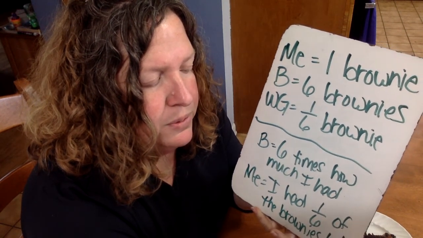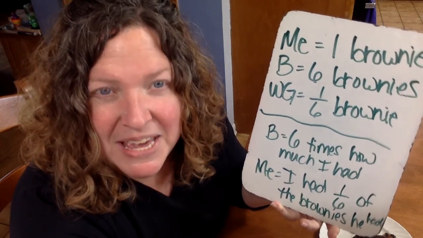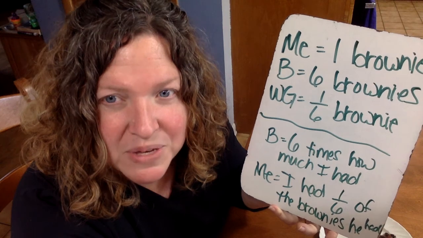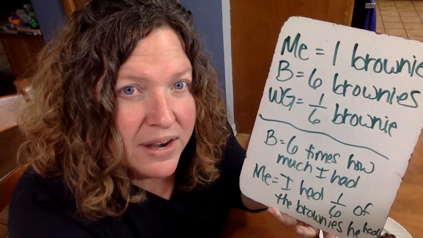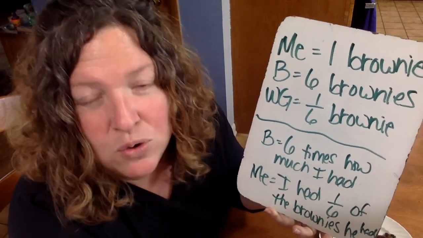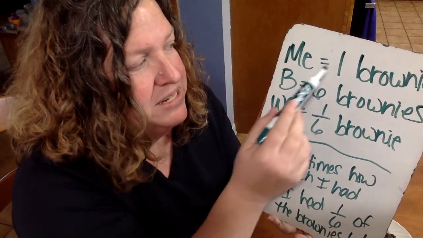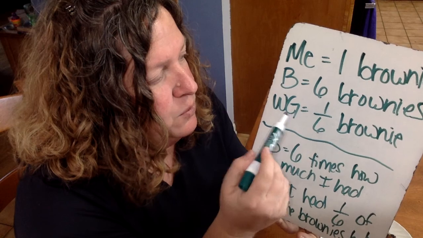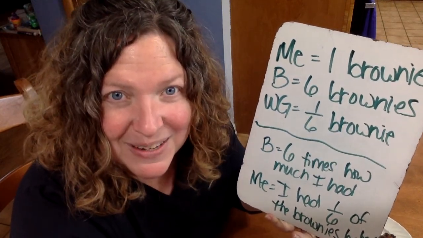Is that true? It is. He had 6 brownies and I had 1. So he had 6 times as much as I did, and I had 1 out of 6. So I had 1/6 of what he had. So I had 1/6 of what Britton had, and William Grayson had 1/6 of what I had.